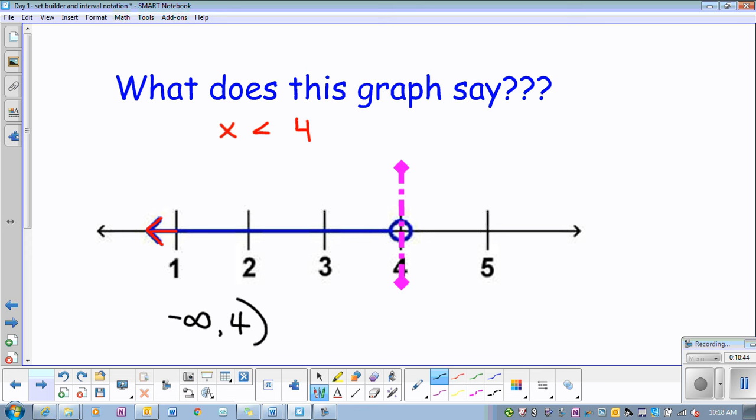And what do the infinities always get? Parentheses, okay? Think of it as curved, just like the infinities are curved. Is that weird? Not bad? Okay, good.